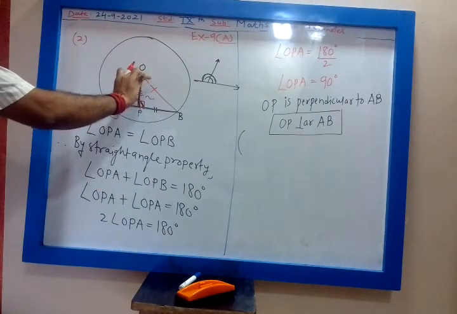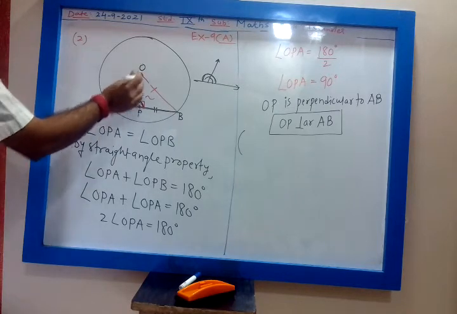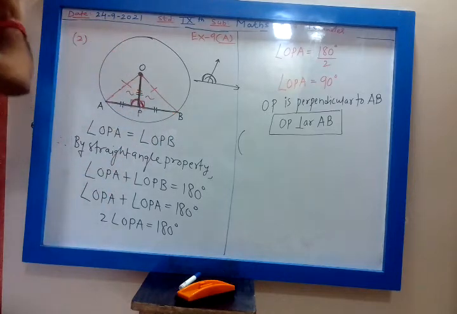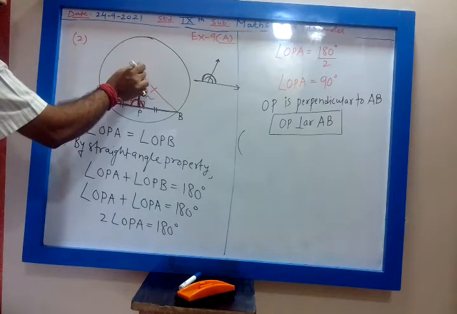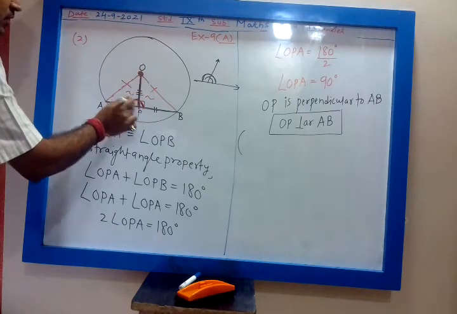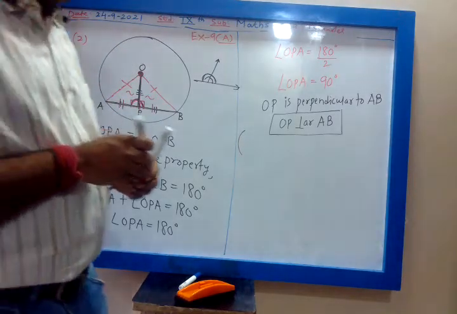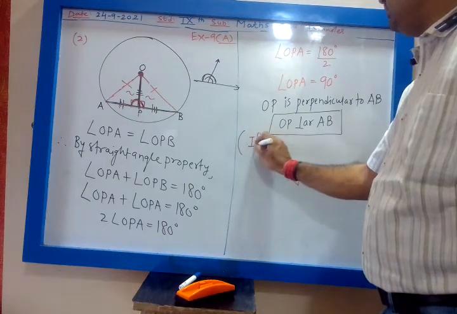OP is a line segment. If a line segment drawn from the center of a circle bisects the chord, then it is perpendicular to the chord. So what is the conclusion? Write down this.